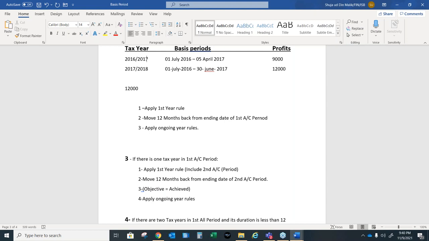So the whole period taxed in 2016-2017 is re-taxed in tax year 2017-2018. So all the profits that you were taxed at in 2016-17 are being taxed again in 17-18. So the total profits being taxed are 21,000 minus 12,000, that is 9,000.